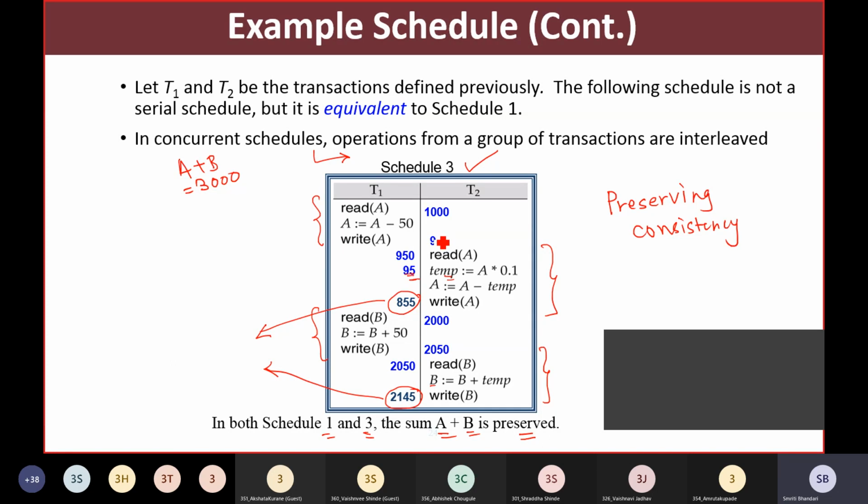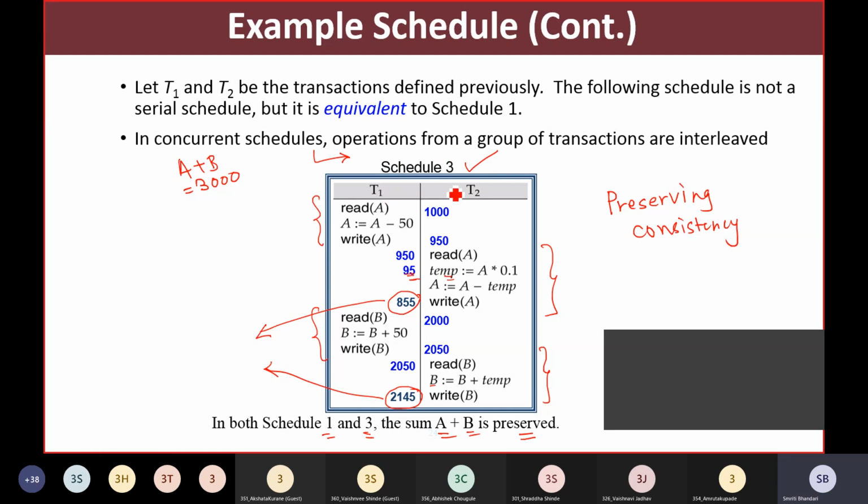Right? And we say that serial schedules always maintain the consistency of the database. So, ultimately, our scheduler should produce the schedules that are concurrent in nature, but those should produce the result which is similar to that of the serial schedules.